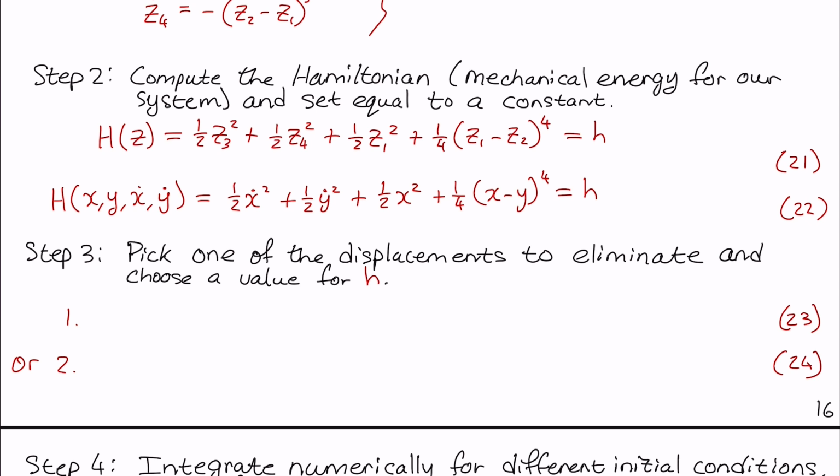So again, h is some constant that we get to choose, and as a result, we can use this Hamiltonian, or this mechanical energy, to eliminate one of the variables.